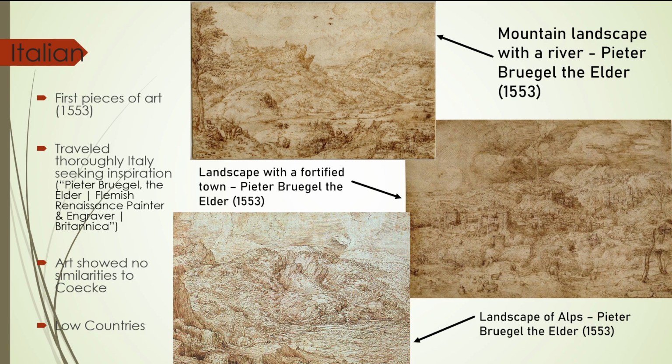Now it's interesting because his mentor Kocheke also traveled through Italy, yet the art that he made doesn't hold the same similarities. We believe that Bruegel's work was actually based on a Low Countries point of view, and it's just a theory, but it would make sense as during the 16th century, they obviously didn't have the same resources as us to travel.